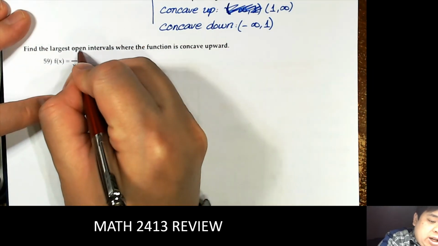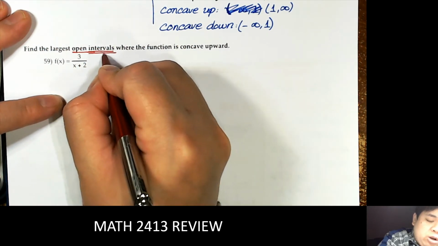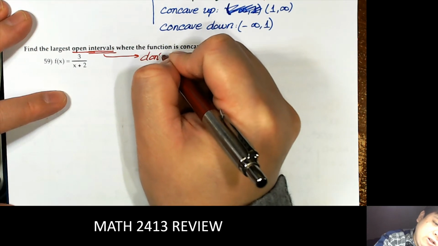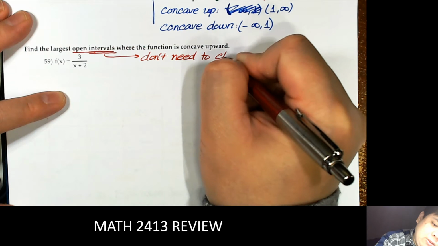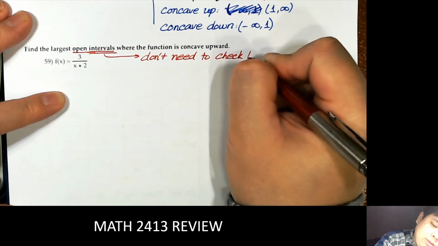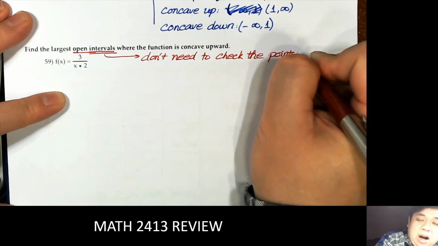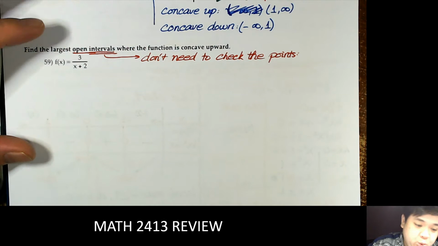But before that, we're asked to find an interval, so once again it's an open interval, so we don't need to check the point. If we're asked to find critical points, maximum, minimum, inflection points, that's where we check the point. If we're asked to find an interval, we don't need to.